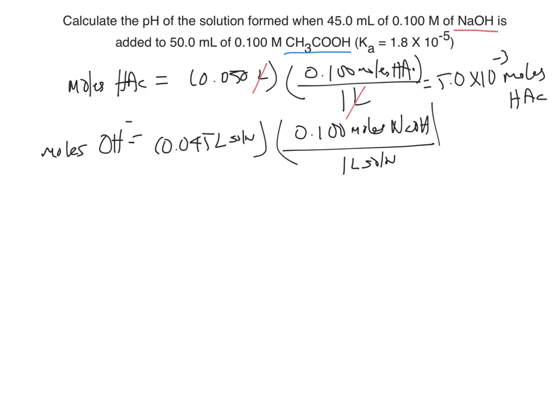Now we can cancel the units of liters, and we have the moles. So this will be equal to 4.5 times 10 to the minus 3 moles of OH.